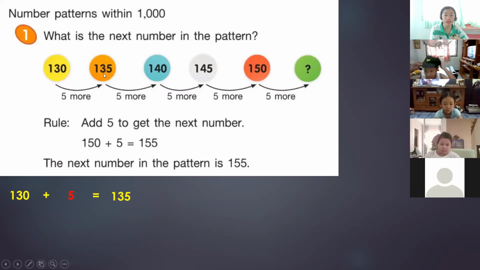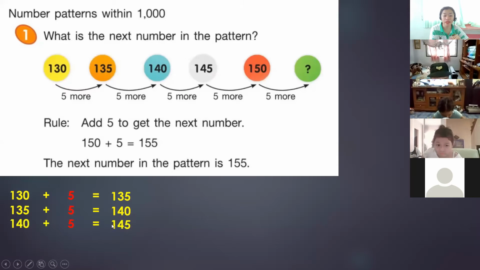And then the next is 135 plus 5 is equal to 140. The next pattern is 140 plus 5 is equal to 145.